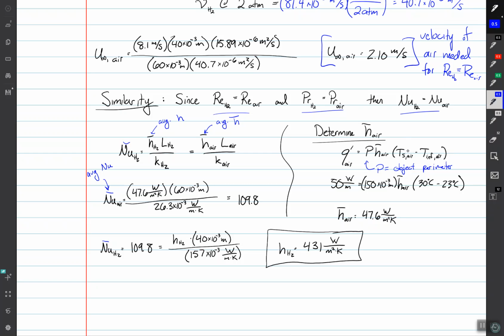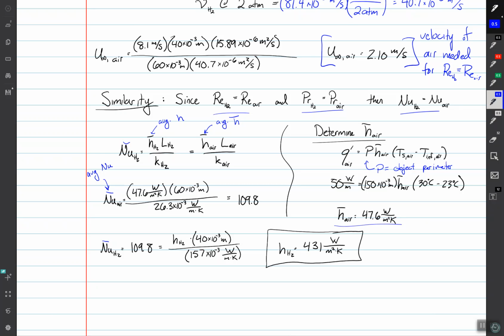This is the surface temperature that we measured in air, T infinity of air, and we can go through just like you might expect and get a value for h bar. This would be 47.6 watts per meter squared Kelvin. So this is an experimental value that we can measure.